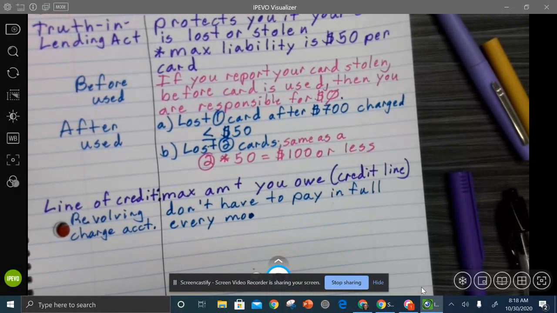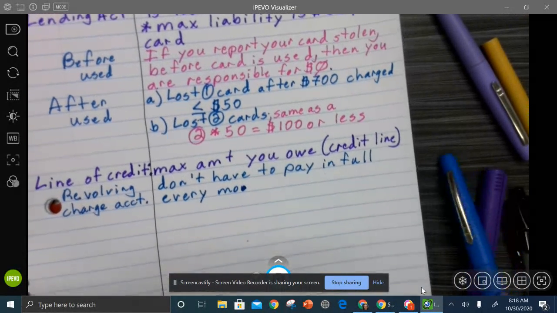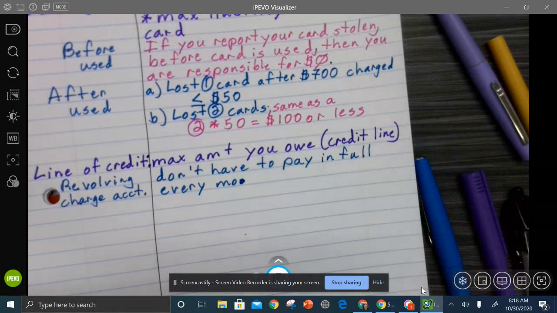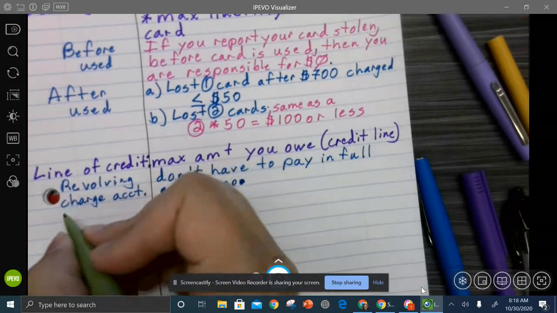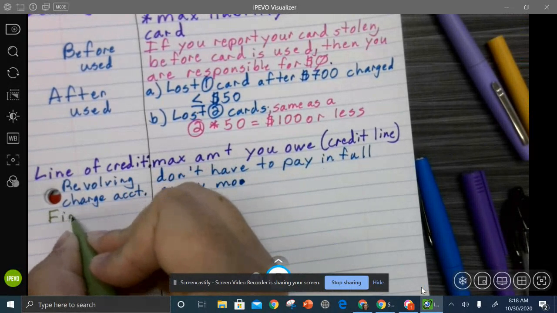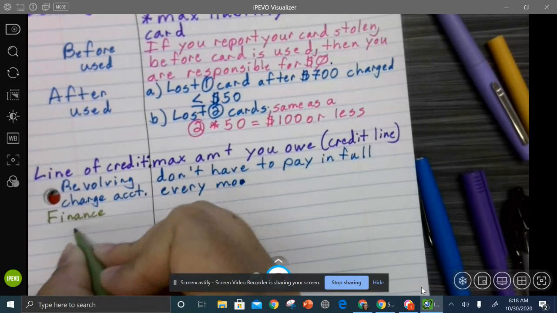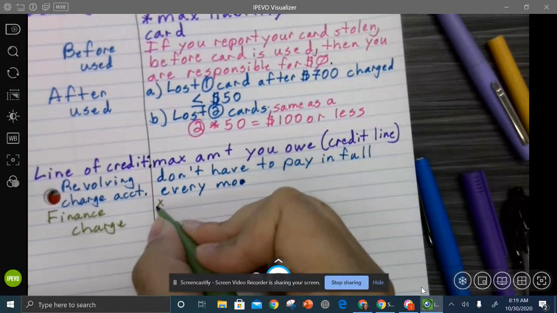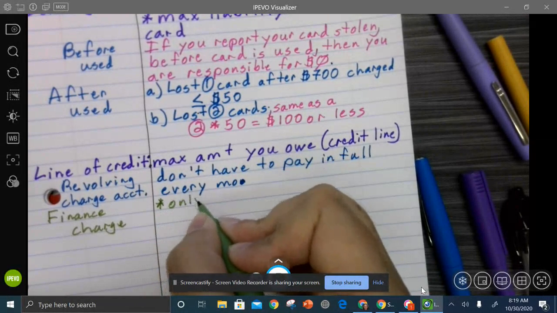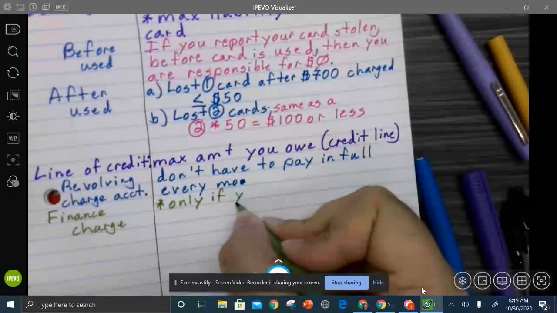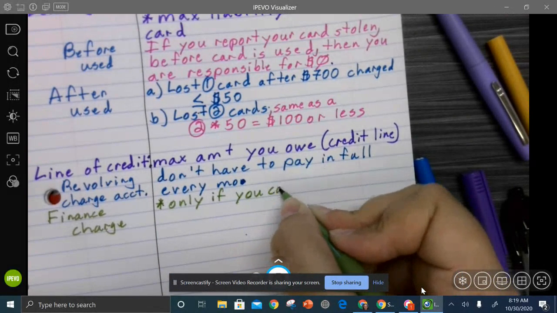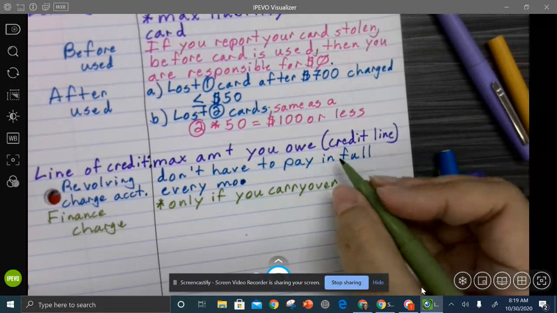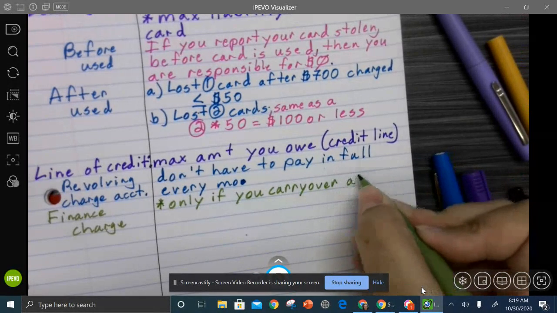Okay, so the finance charge, everybody: you're going to have a finance charge only if you carry over a balance.